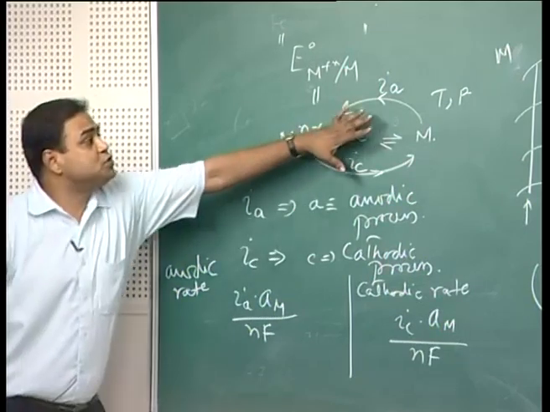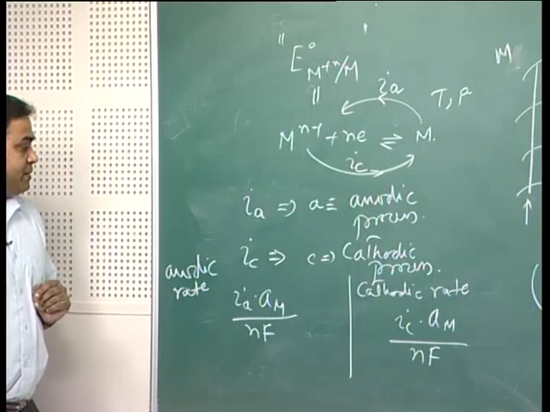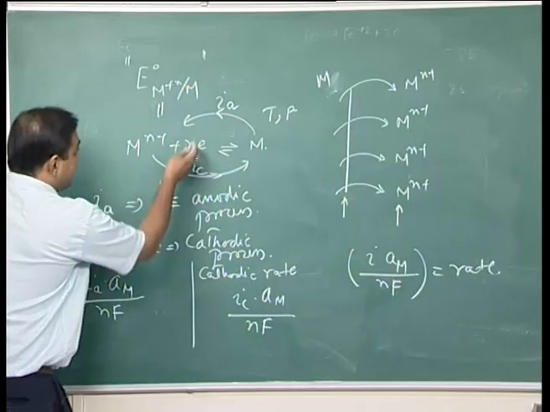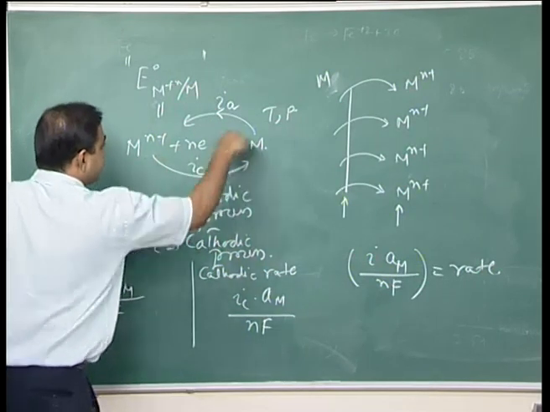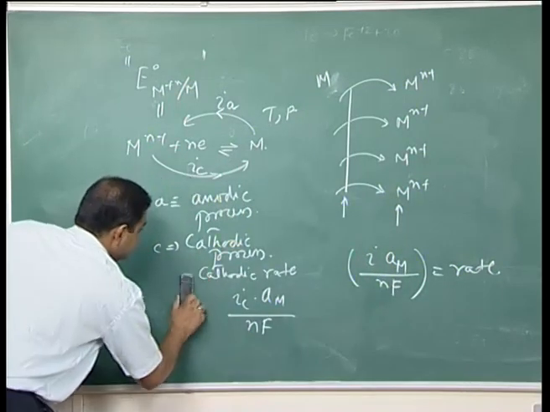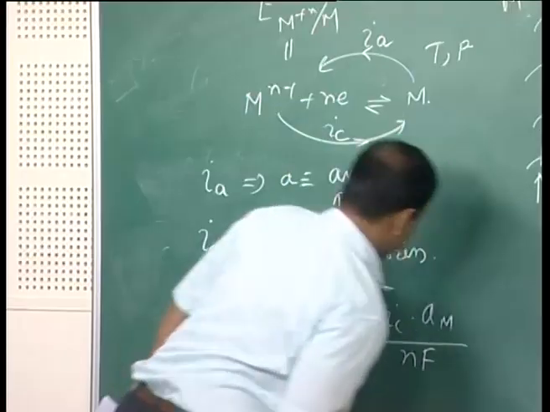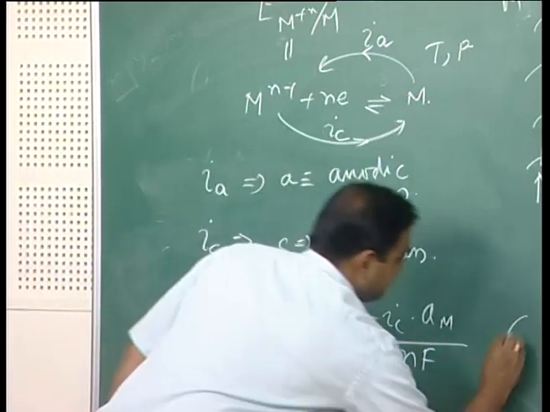If these two rates are different, definitely these two terms would be different, but at equilibrium I have the same rate for the forward reaction as well as the backward reaction. So in that case I will have a relation between these two, which is nothing but equal. This is at equilibrium.